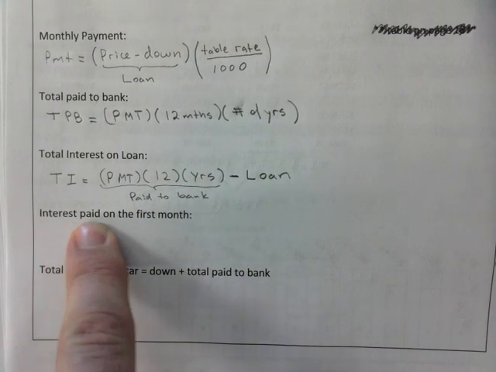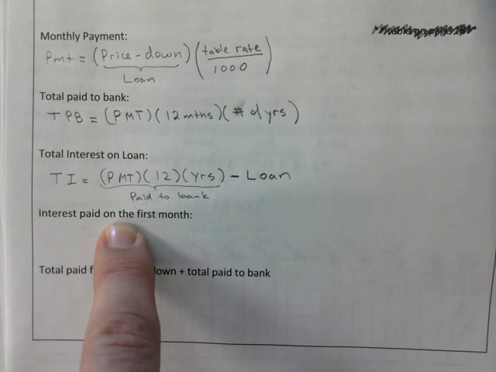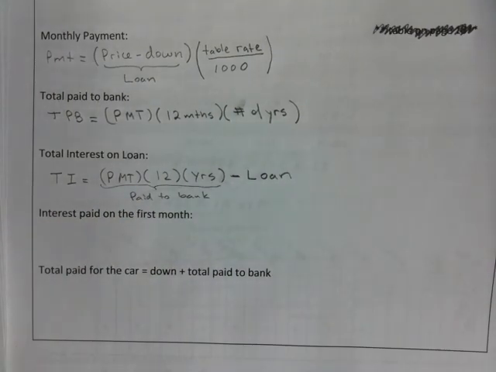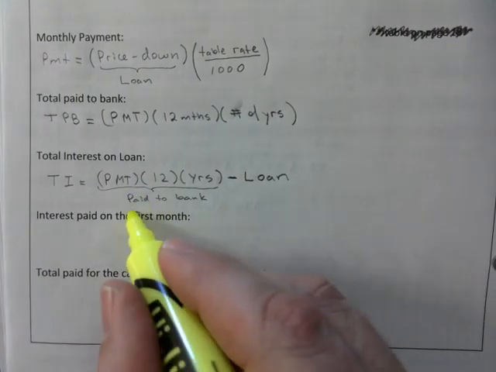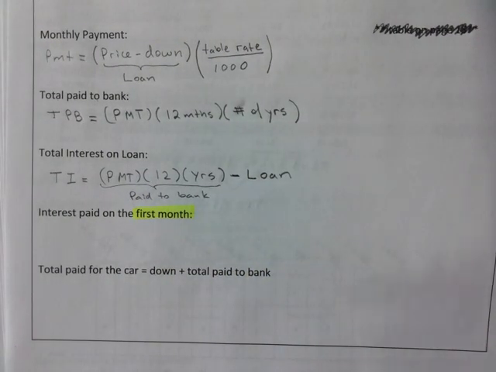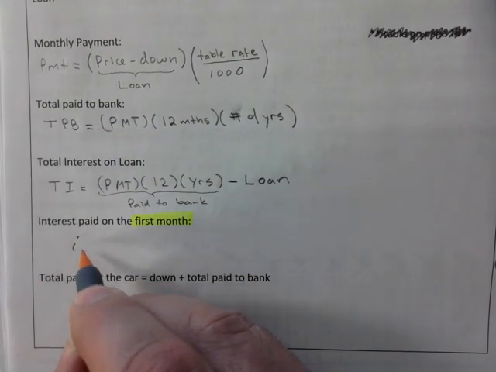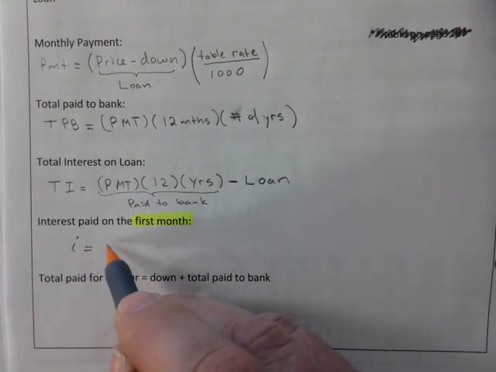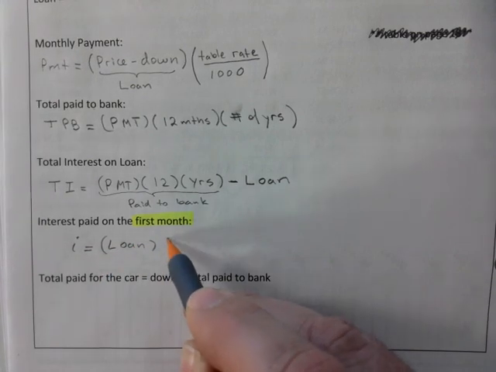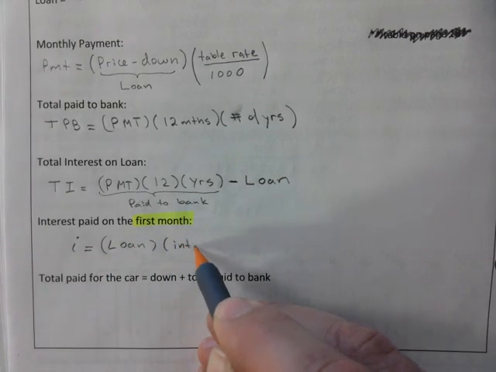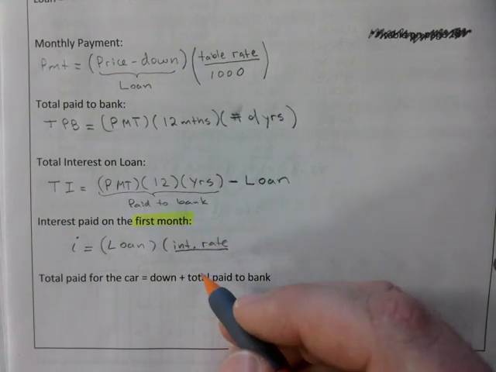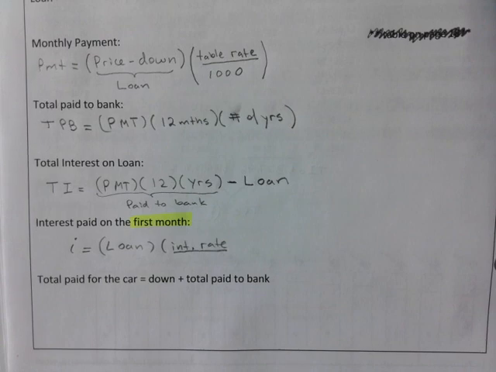Okay. Interest paid on, so there's TI, right? But there's also interest paid on the first month, and that's very important. First month only this is, okay? First month only. I is equal to loan times interest rate divided by, what do you always have to divide your interest rate by?